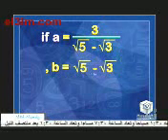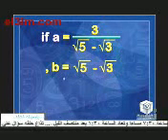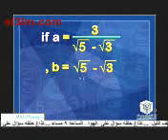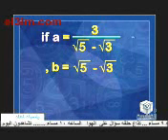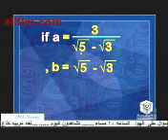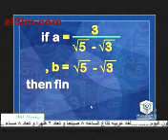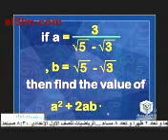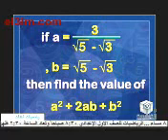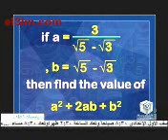And b equals root 5 minus root 3, I think b is ready to use because we have no roots in the denominator. But a needs to multiply it by the conjugate number because they have roots in the denominator. Then find the value of a power 2 plus 2ab plus b power 2.